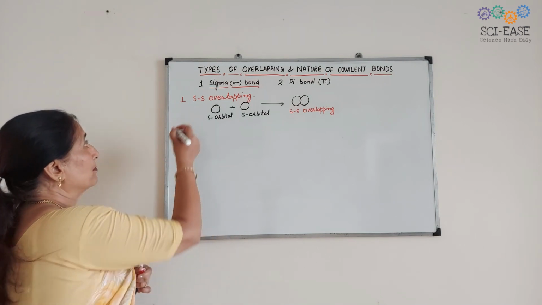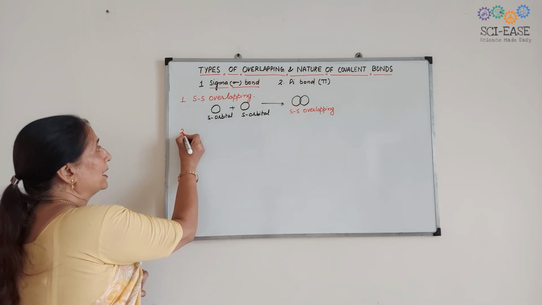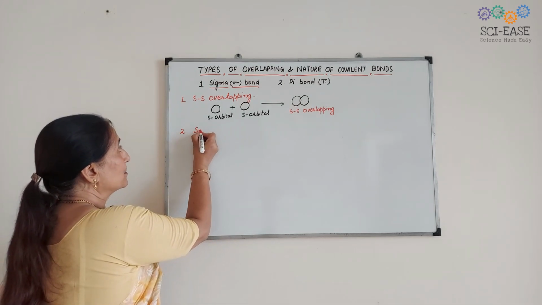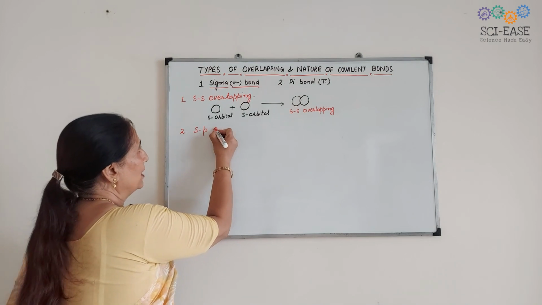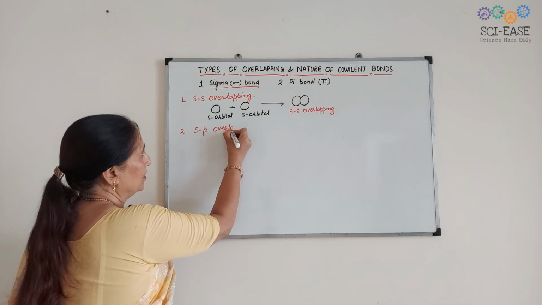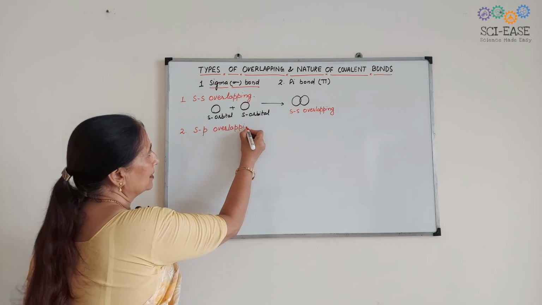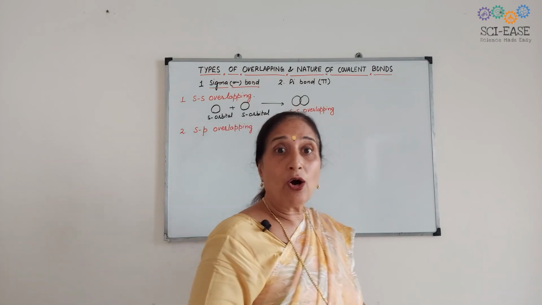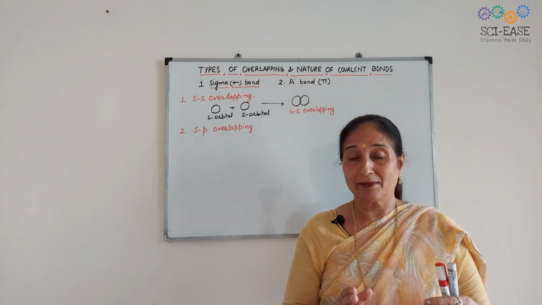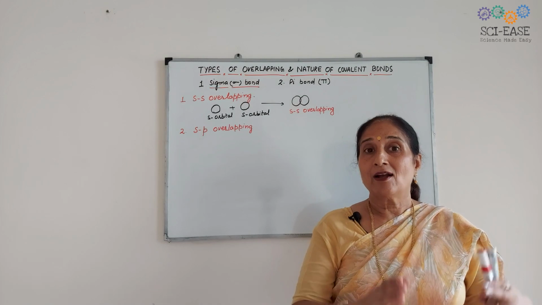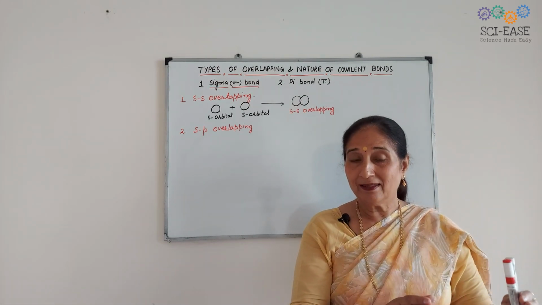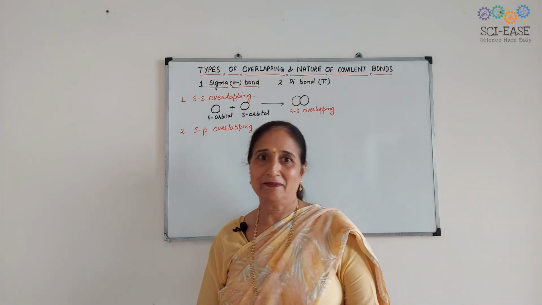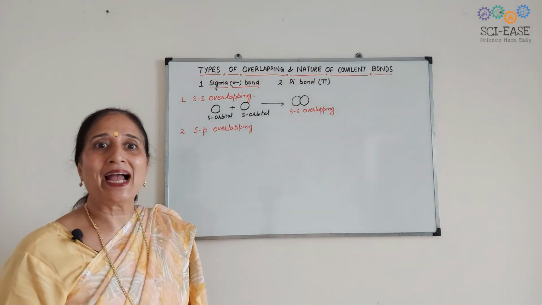Now the second type of overlapping in case of sigma bond is SP overlapping. What do you mean by this SP overlapping? Here, the two orbitals, or you can say the two atoms, one with the s orbital and another with the p orbital, get overlapped along the internuclear axis.